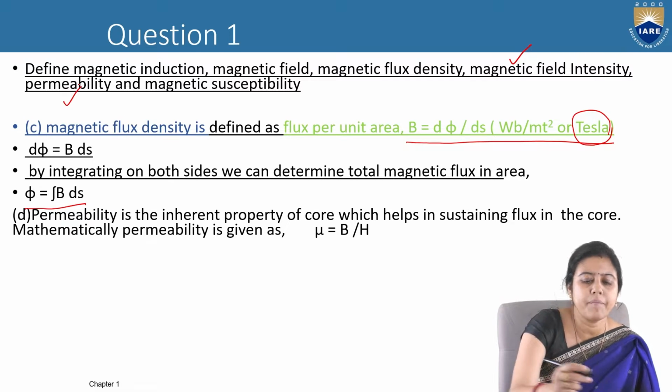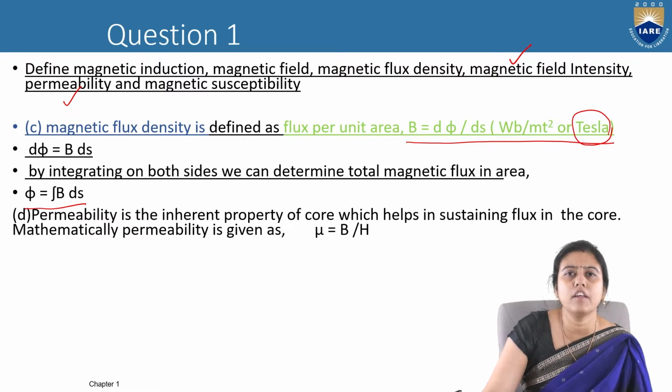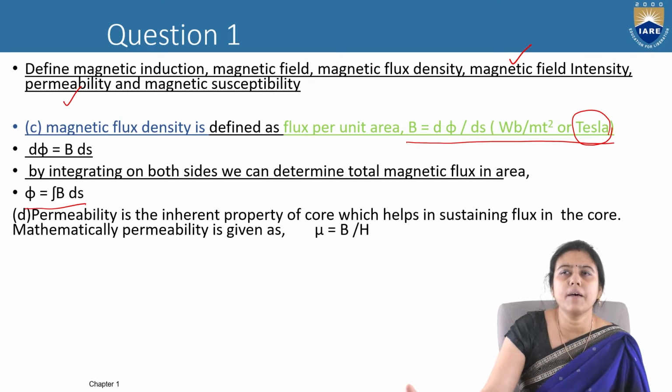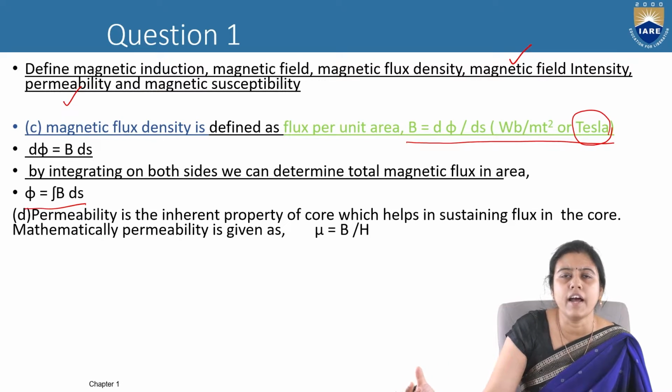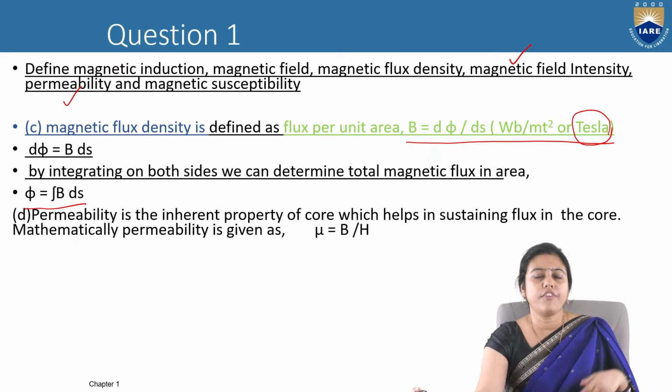Next one is the permeability. What is permeability? Permeability is the inherent property of the core which helps to sustain the magnetic flux in the core. How much sustainability is there to hold the flux? Materials like iron, cobalt, nickel have more magnetic flux.